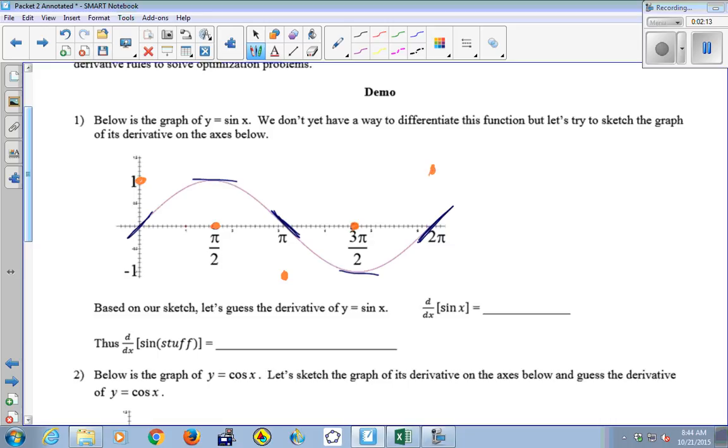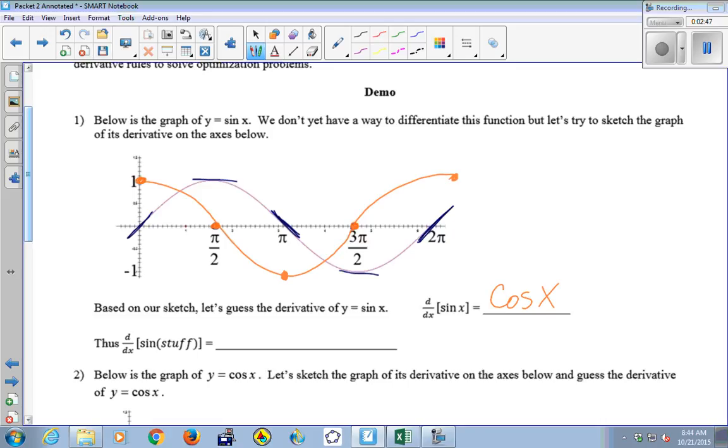And if I connect my orange dots with a nice smooth curve, what function does that look like? It looks like the cosine function. Yeah. So based on our sketch, we can guess that the derivative of the sine of x is the cosine of x. We just sketched its derivative and recognized it because we're familiar with the 6 trig functions graphs.